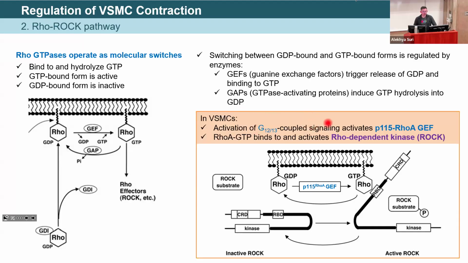G12/13 coupled receptors lead to the activation of a GEF called P115, right? And the activation of P115 turns inactive Rho into active Rho. The active Rho is able to bind this Rho kinase. The activation of the Rho kinase then leads to the phosphorylation of its substrates, and those substrates are many different proteins.